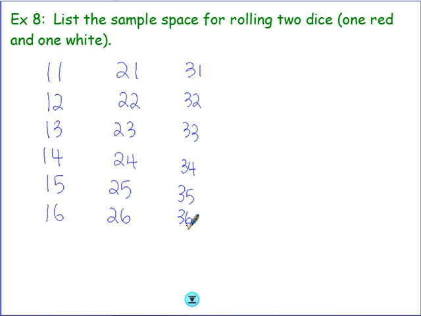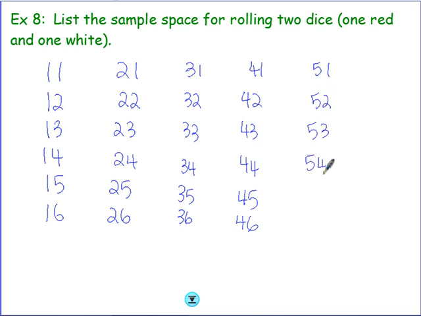Notice there's a lot of them. This list right here will be helpful on our next set of examples though. 4,1; 4,2; 4,3; 4,4; 4,5; 4,6. 5,1; 5,2; 5,3; 5,4; 5,5; 5,6. 6,1; 6,2; 6,3; 6,4; 6,5; 6,6.